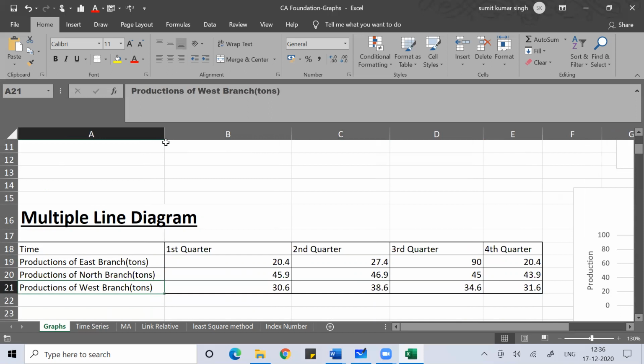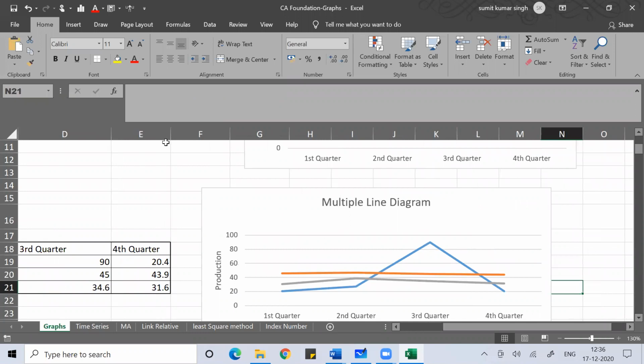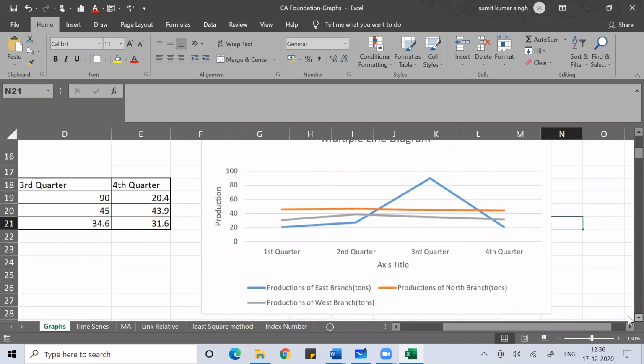So I got the data for the different variables. Here the variables are east branch, north branch, and west branch, and I got the production data of them. Now I can analyze them by using a multiple line diagram. I hope you are understanding.